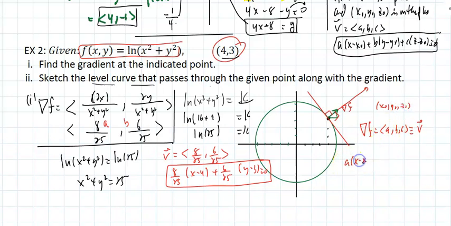A into x minus x sub 0 plus b into y minus y sub 0 plus c into z minus z sub 0 equals 0 will give me the equation for the tangent plane, right, to the actual 3-dimensional surface. And that's a big deal for us.